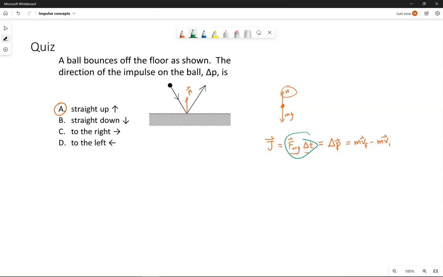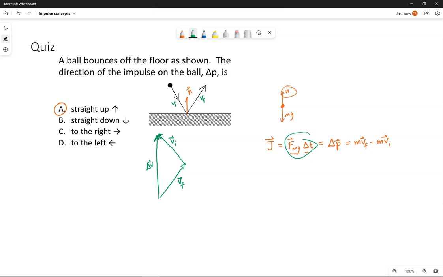We can, if we would like, talk about the v final minus the v initial. If you remember, pictorially subtracting vectors, I would draw v final first, and where I ended that, I would subtract v initial, meaning it needs to point in the opposite direction. So delta v is straight up.